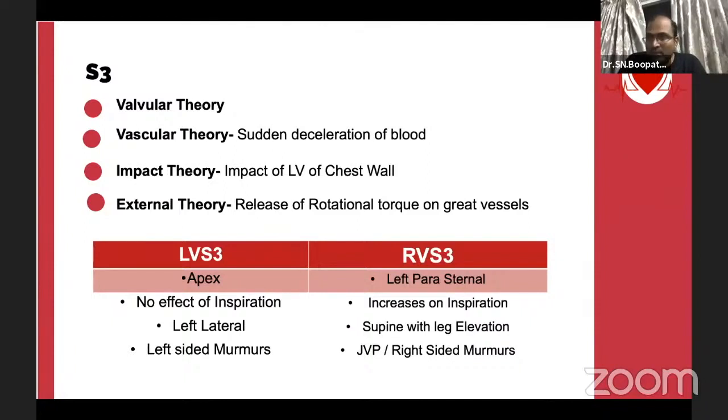If JVP is not elevated and you are eliciting the hepatojugular reflex, that means the PCWP is less than 15 and you are trying to elicit incipient left heart failure. I hope you understand that there is a reason behind why this is being told to you. Because the jugular venous pressure, particularly the diastolic period, always correlates with the RV diastolic pressure, which correlates with the PA diastolic pressure, which correlates with the pulmonary venous pressure.